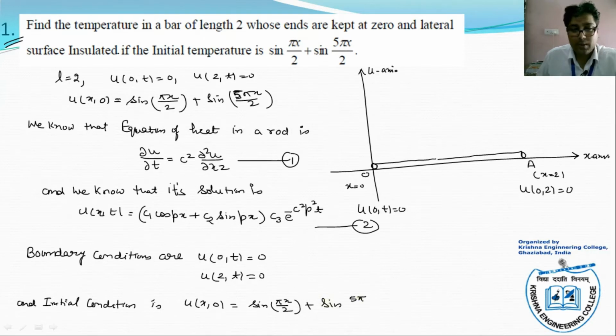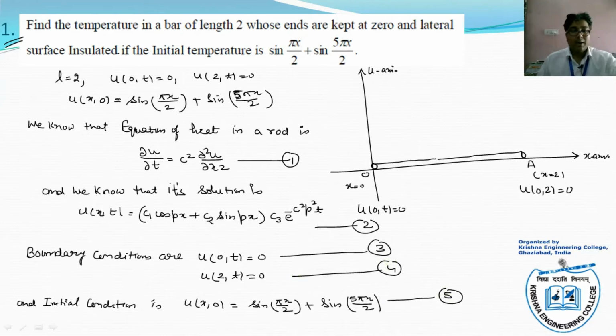This is the initial condition. Now this is equation number 3rd, this is equation number 4, this is equation number 5th. Now we find the solution of heat under the boundary and initial conditions on the next page.